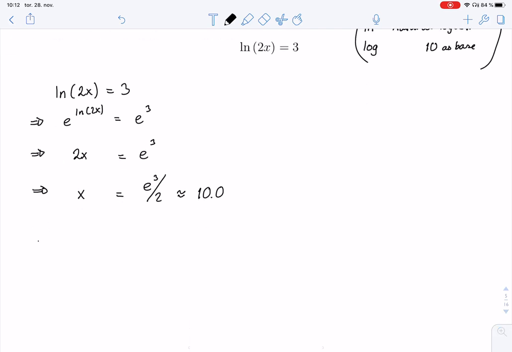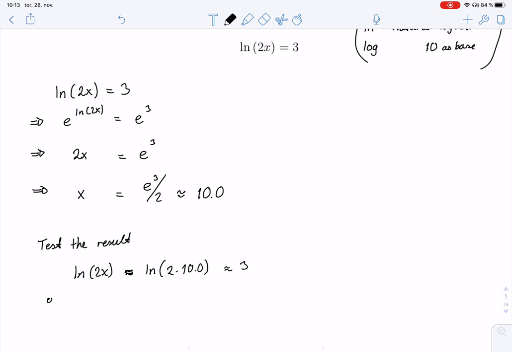And we test our results. So I want ln 2x to become 3. I could put simply 2 times 10, which would be my approximate value, and I will get 3.